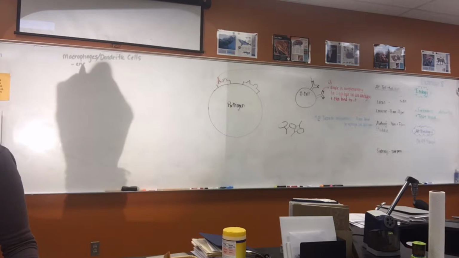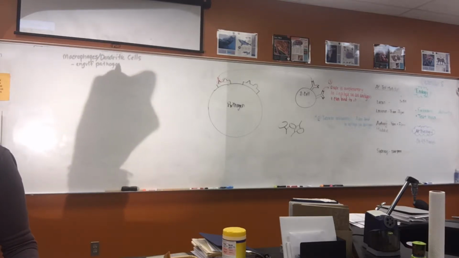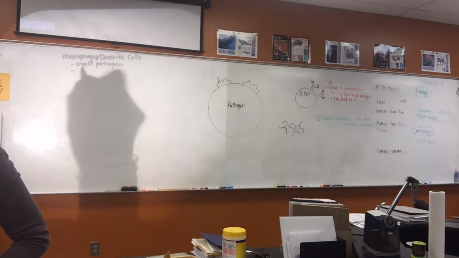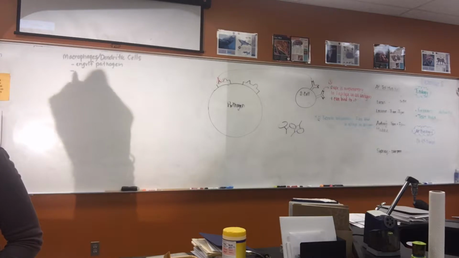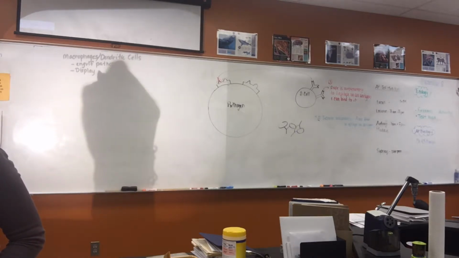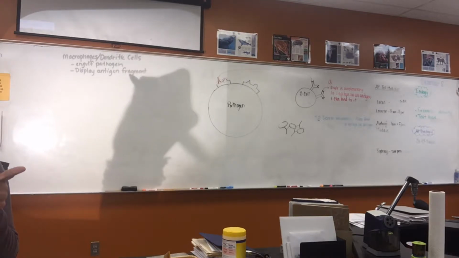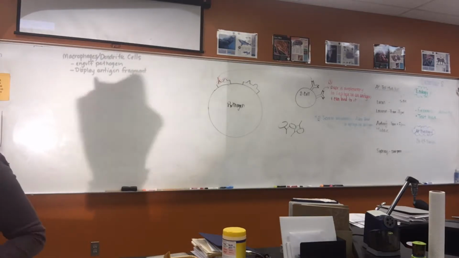So they engulf the pathogen and destroy it, right? And then, as Nathan said, they display the antigen fragment from the pathogen. And one other thing that they do, they release cytokines.